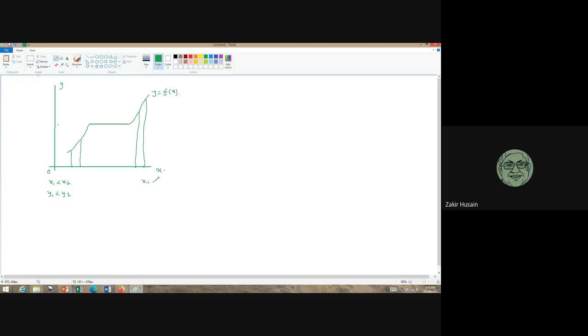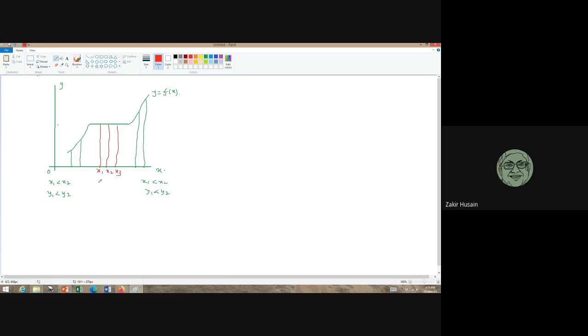Here again, if we take x1 greater than x2, y1 will be less than y2. But over here, let us take different values of x. What happens? Sir, x increases but y remains constant across this patch.